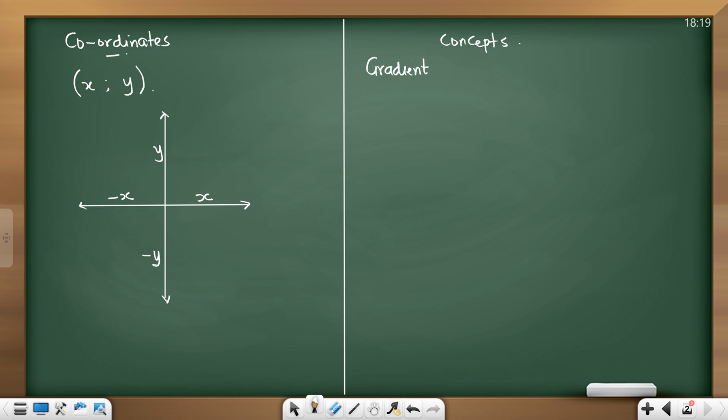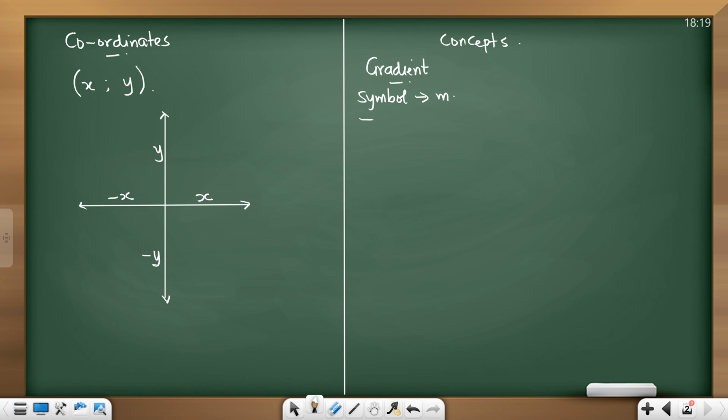I am going to mention 6 important things on gradient. What is the symbol for gradient? Small letter m. The symbol for gradient is small letter m. This is grade 10 so far.